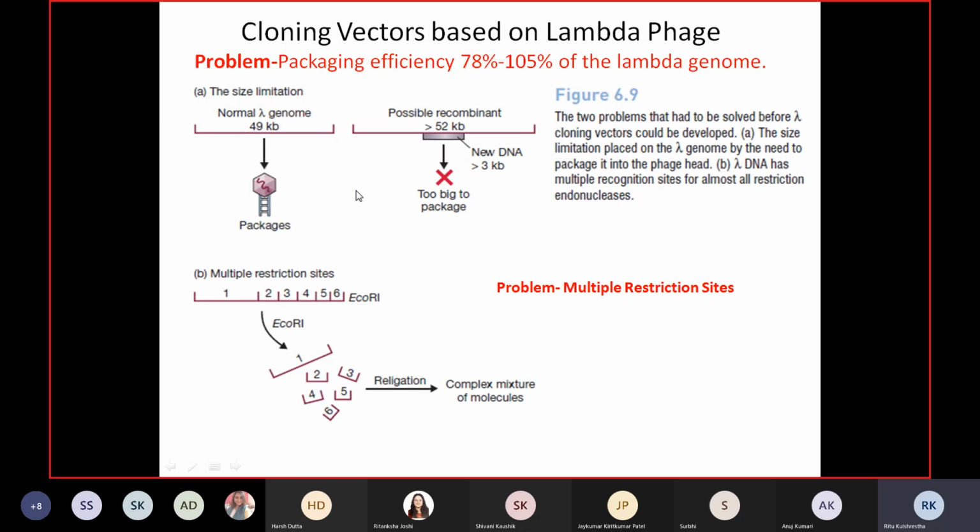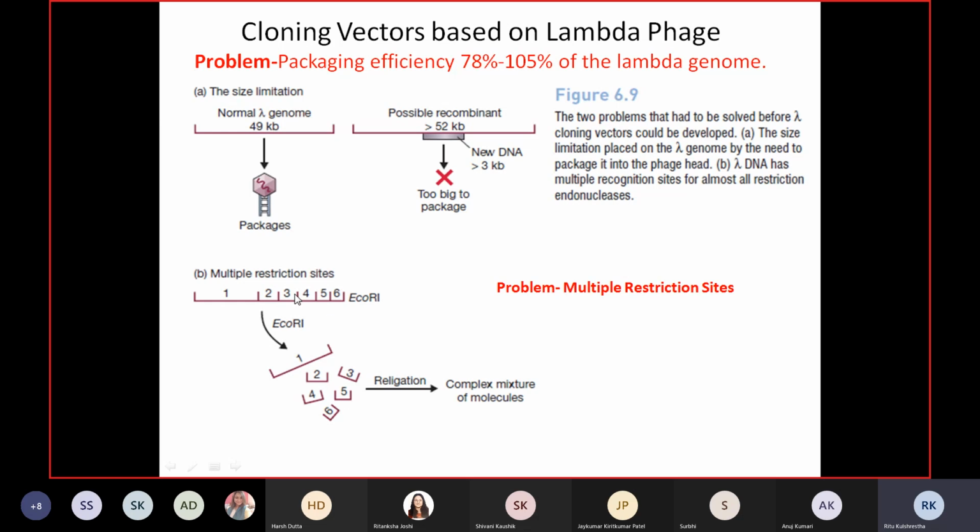Another problem was that this whole genome is 49 kb, and for some restriction enzymes that we were interested in, there were multiple sites throughout the genome. If you remember our multiple cloning site that we had introduced into the plasmid vector, our aim is to have unique restriction sites.